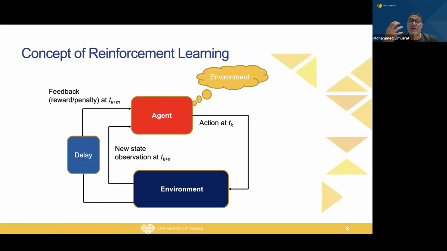So it should have some model about the environment where the intelligent agent reacts. The information about the environment can be complete or it can be incomplete. Okay, so it might know the environment very well, like for example in a chess game.